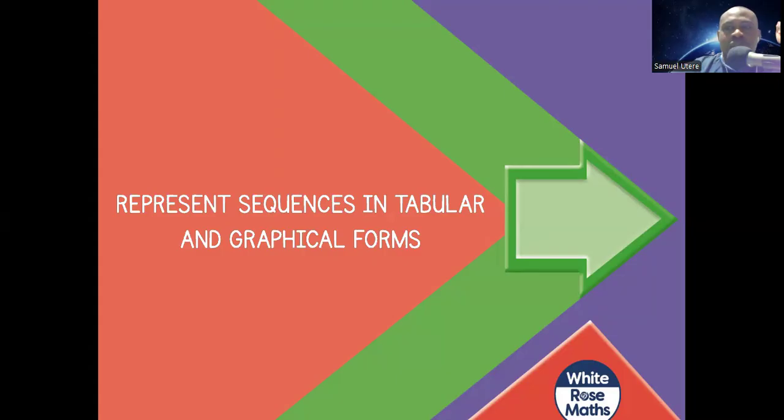This helped you to describe the sequence using the rules, what you think was generating the next term in the sequence. Today, we're going to learn about representing sequences in tabular and graphical forms.